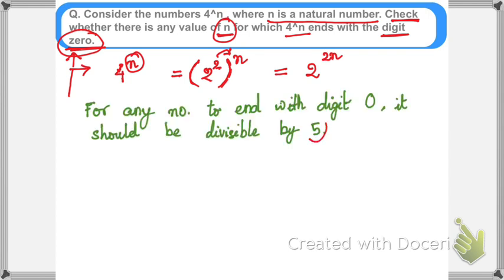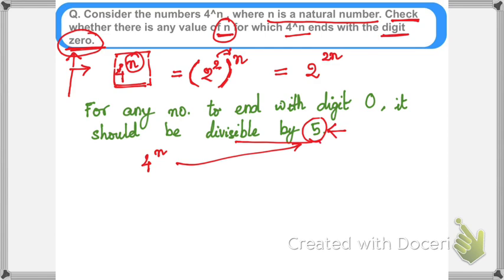So for this to happen, the prime factorization of 4 to the power n should contain 5, since 5 is a prime factor and the number must be divisible by 5.